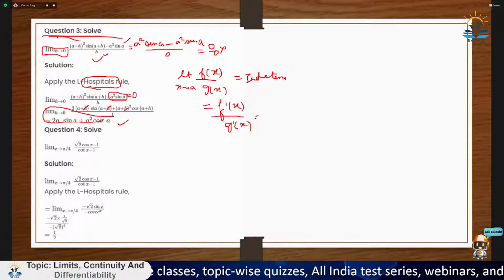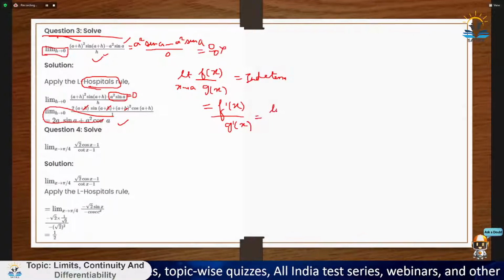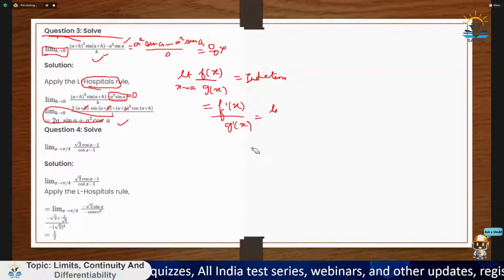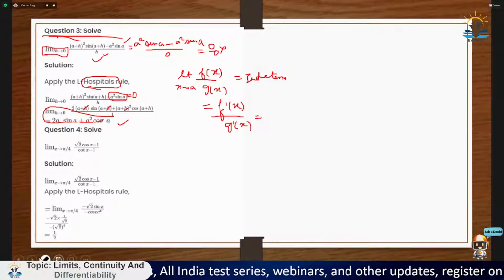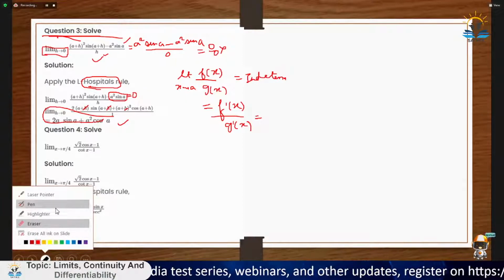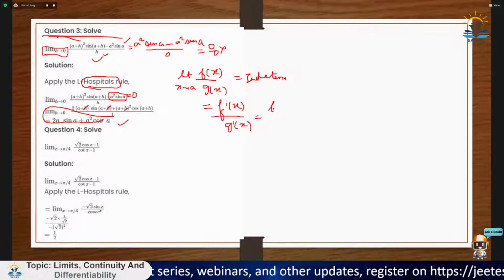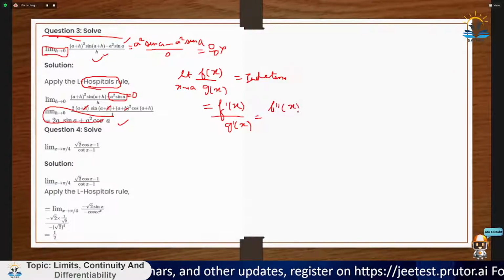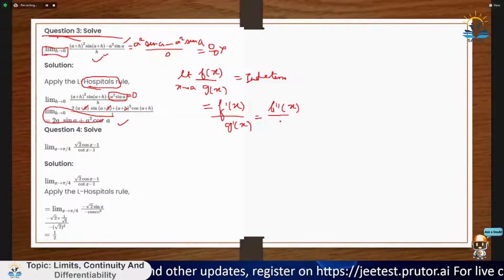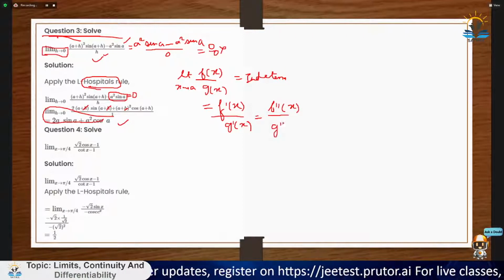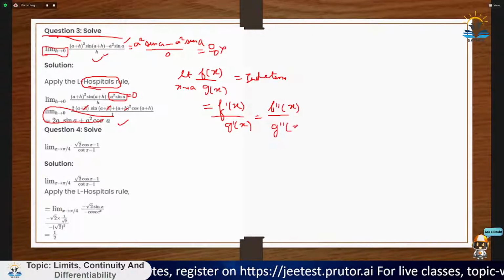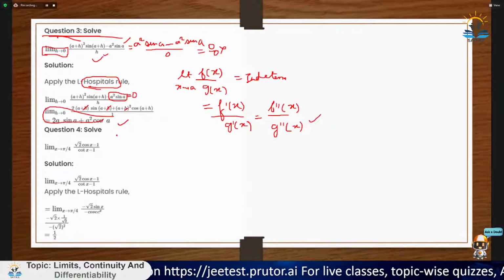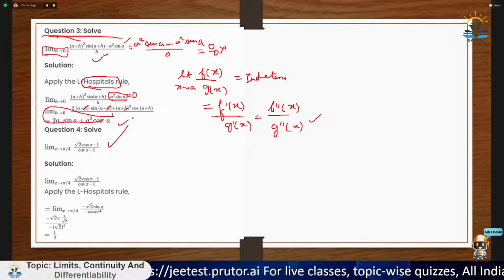And similarly you can move it ahead also: if this is also indeterminate form, then you can write it equal to f double dash x upon g double dash x, and so on. You can move ahead. Okay, so this was a simple L'Hopital rule question.